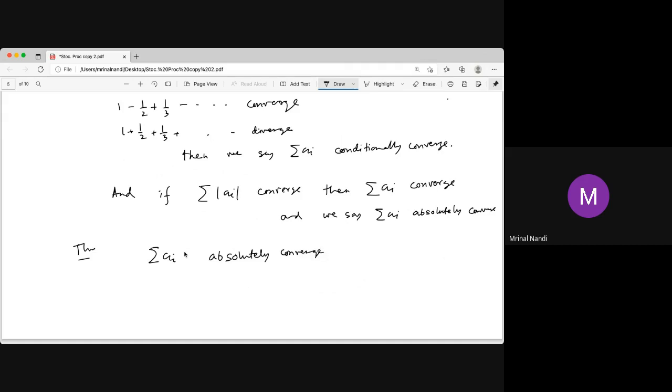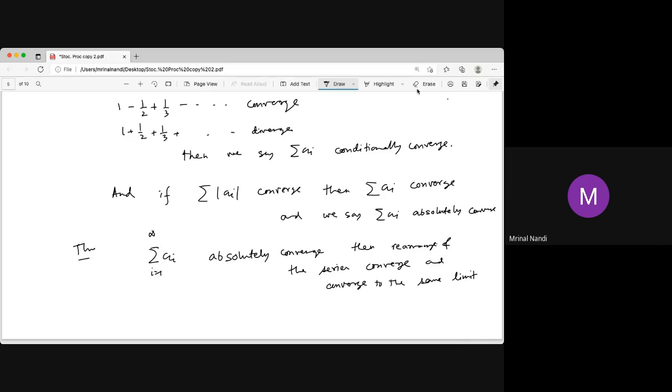That means the mod value of AI is convergent. Then any rearrangement of the series converges, and converges to the same number, the same limit. This is interesting. If it is absolutely convergent, then you can rearrange the terms.